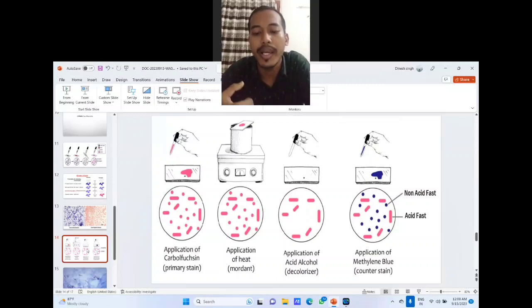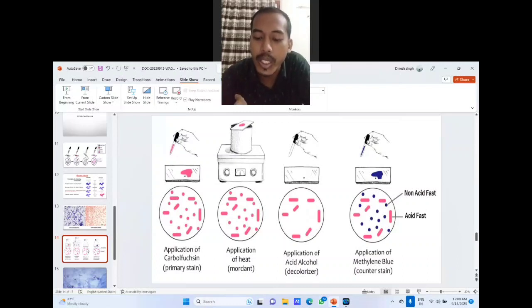But if the suspected bacteria is a non-acid fast bacillus, what happens? When you apply heat, they do not take the color of carbol fuchsin, or it does not go inside. As a result, when you apply the decolorizer, whatever is present even in the outer layer of the cell will be washed off. So the bacteria will be colorless in the case of non-acid fast bacilli.